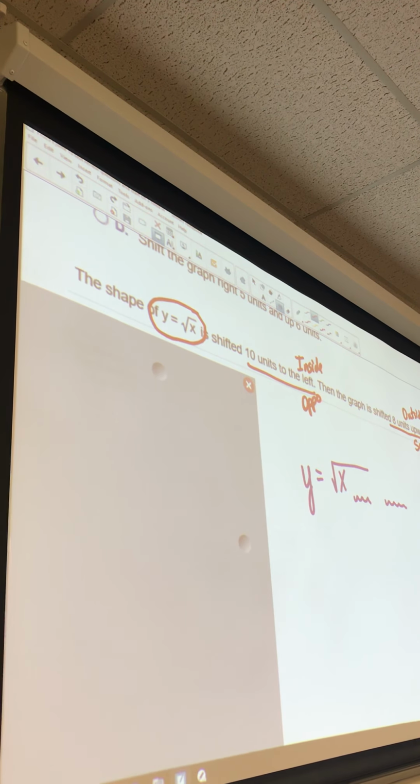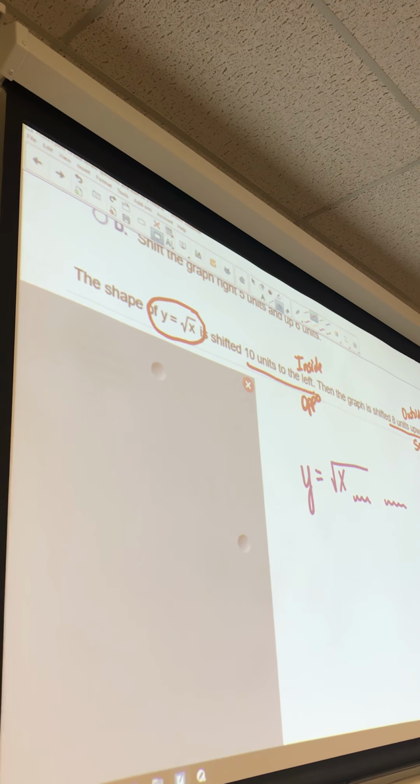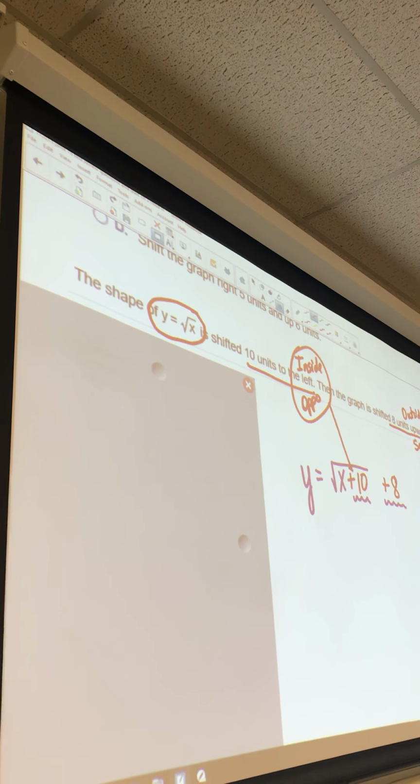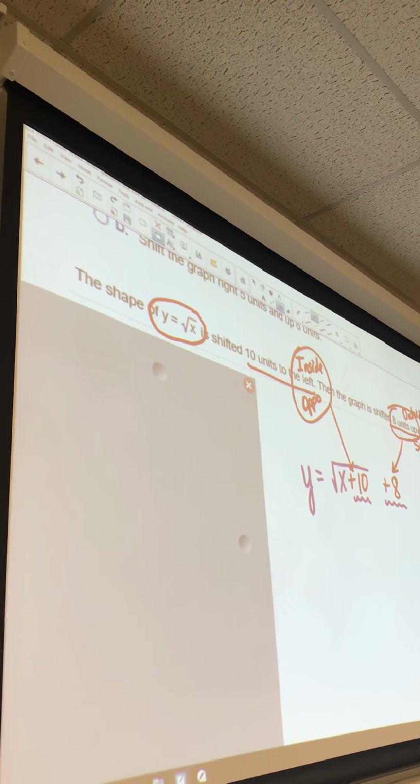Maybe square root of x plus 10, perfect, yep, and then plus 8 on the outside. Yes. Very good. So this little group of information sent that part there. And this sent that one. Very good.